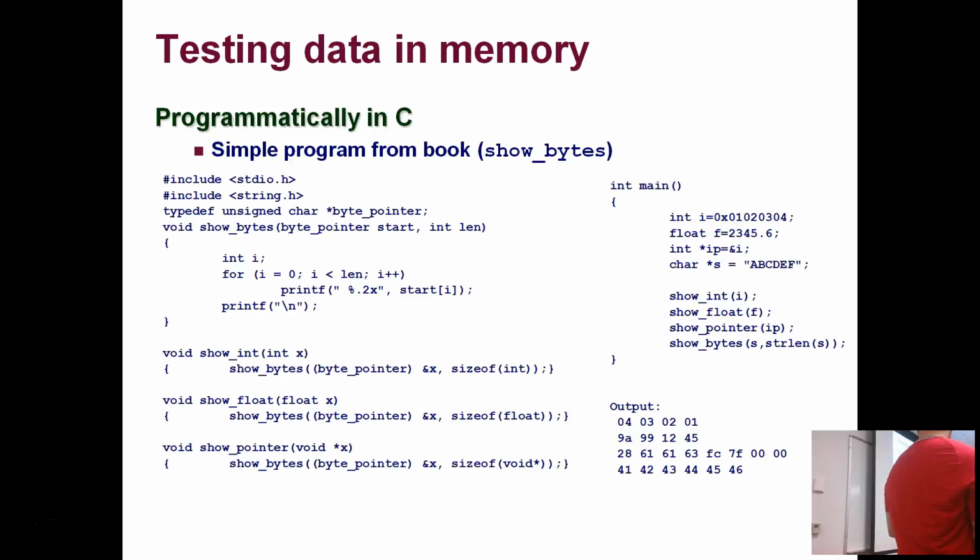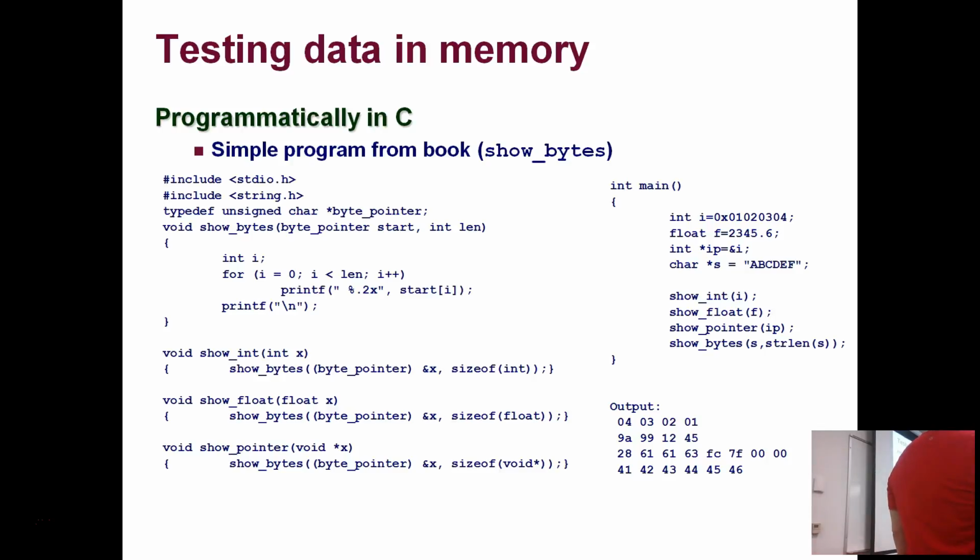And then you have show int, show float, and show pointer, which take these addresses and pass the address as a byte pointer. It casts it as a byte pointer, and then the size of the quantity to dump out. And so here we have these 4 variables and a show int, show float, and show pointer, as well as show bytes directly on this memory location here.